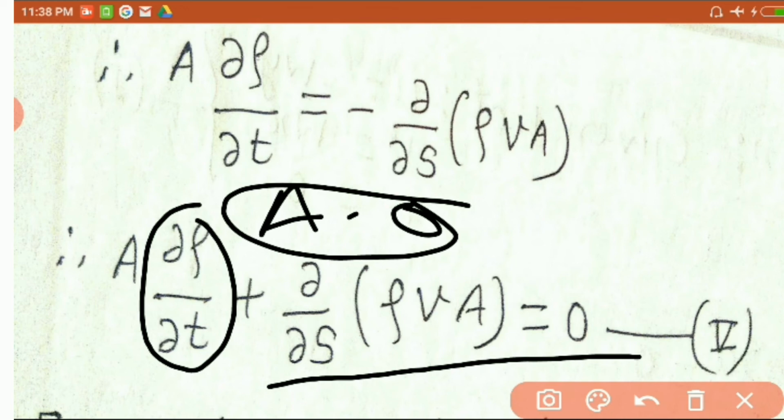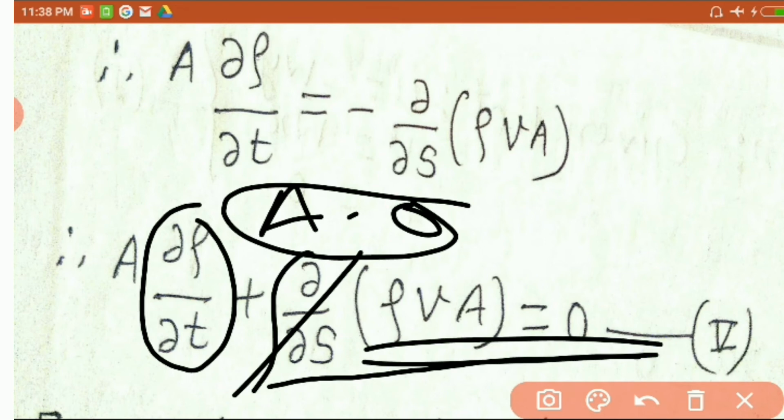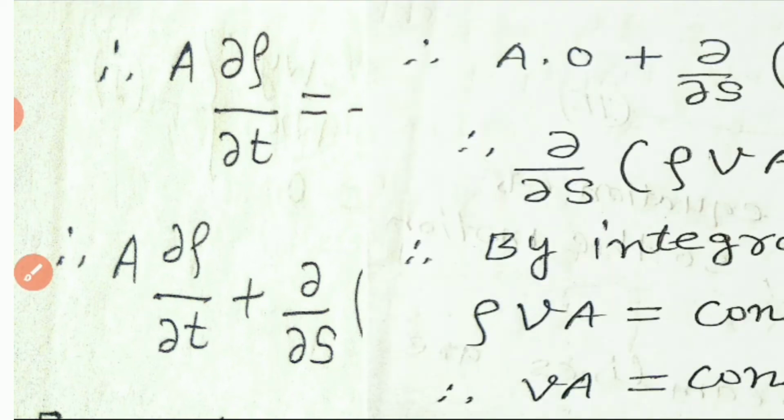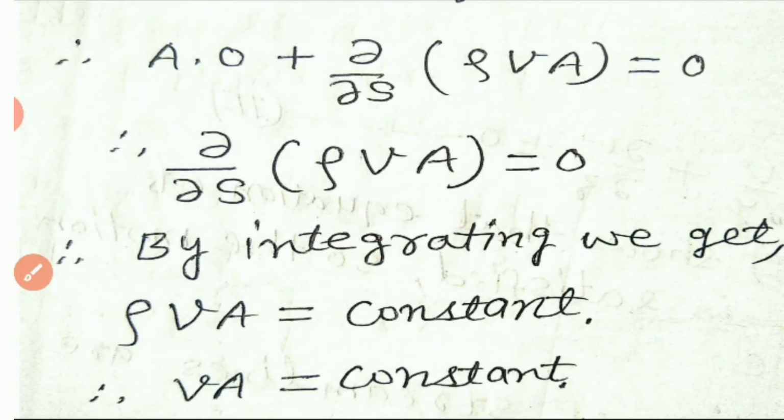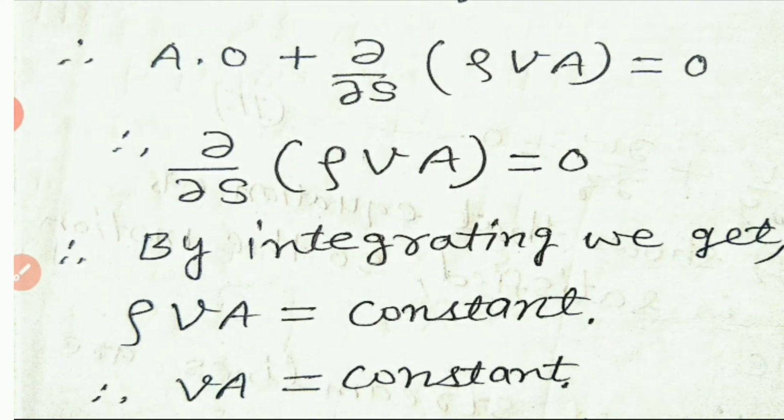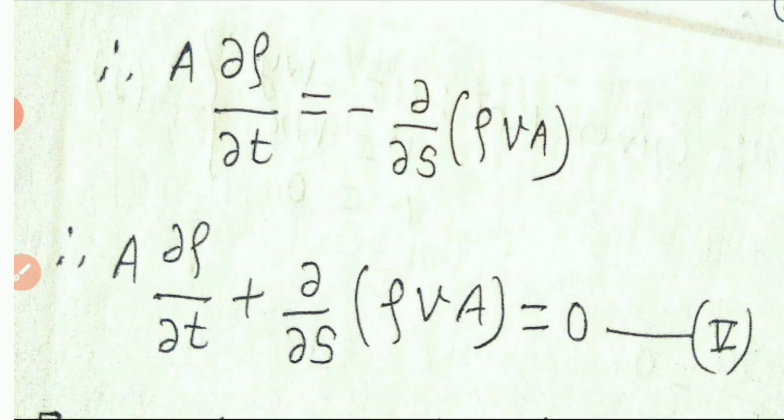So if we integrate this, what do we get? Integration and differentiation cancel, and we get ρ v a equal to a constant. Integrating, we get ρ v a is equal to the integration constant.